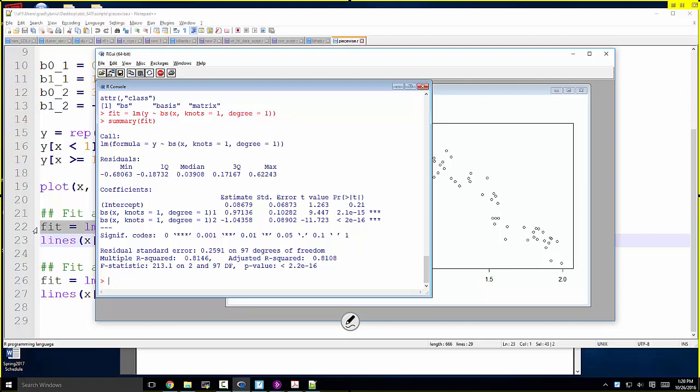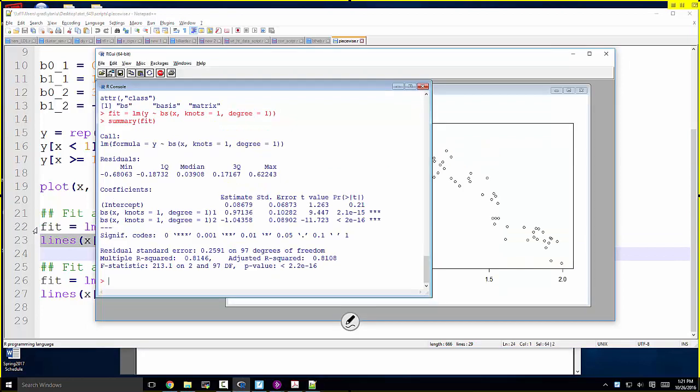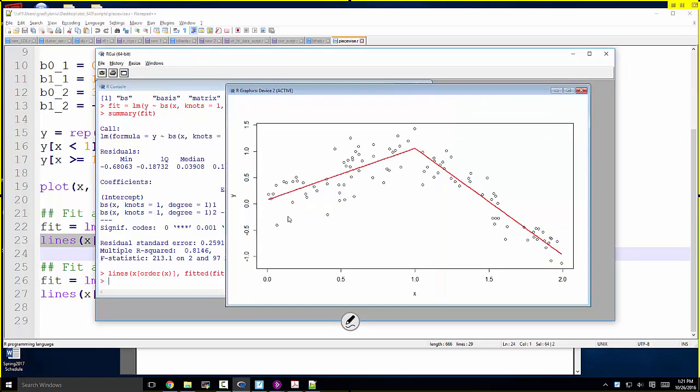When we work with splines, it's harder to interpret the model. But what we do have is a nice representation of the data that can be piecewise linear like this. So these are the fitted values of the model, and you can see that they are piecewise linear.